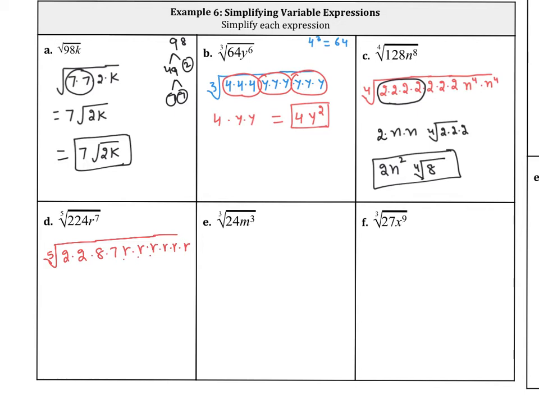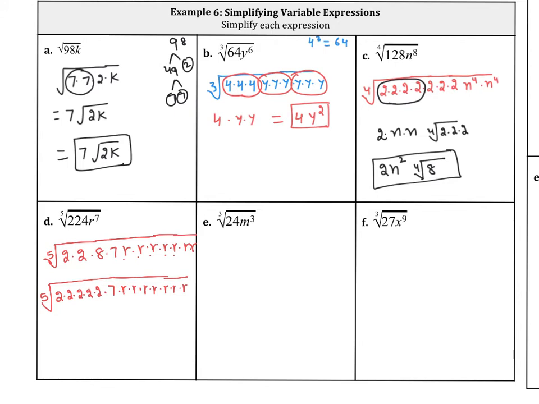So 1, 2, 3, 4, 5, 6, there is one more, and you're going to break this as 2 times 2 times 2 times 2 times 2 times 7, and there are 1, 2, 3, 4, 5, 6, 7 r's.